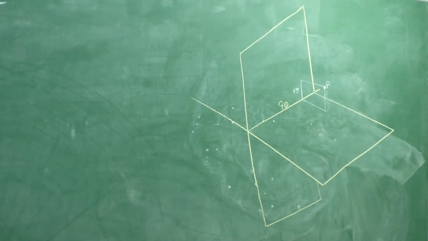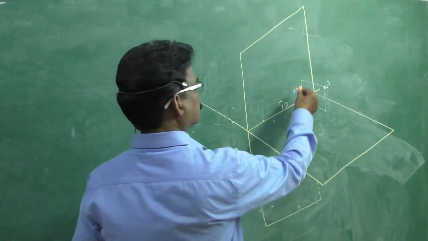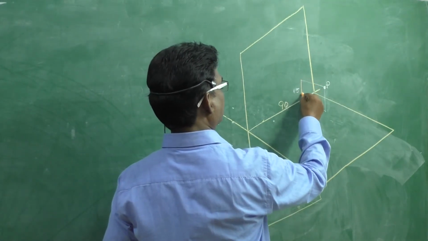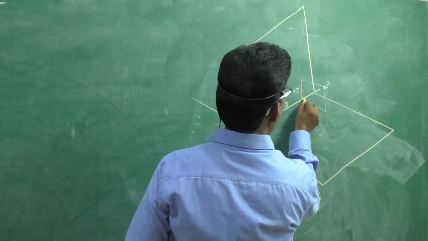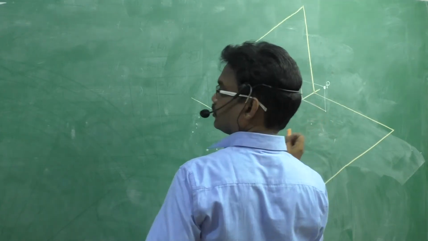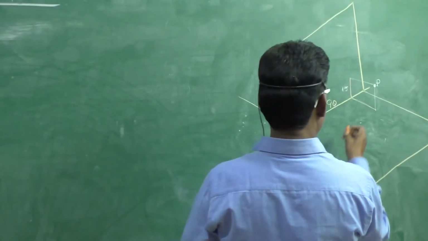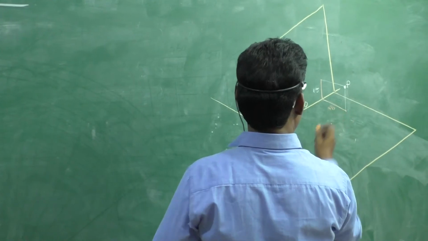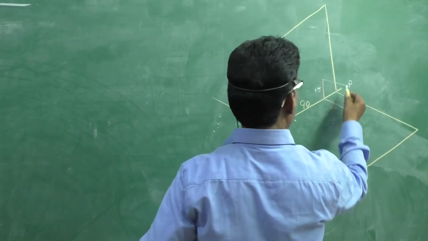To distinguish it, I will use another color. This is 15 mm and this is 20 mm. Right? And the position of point P is here.